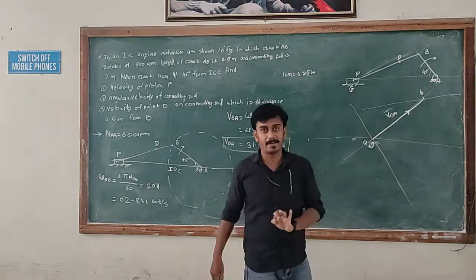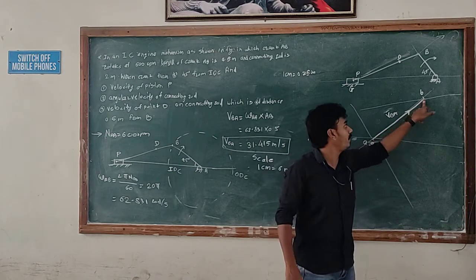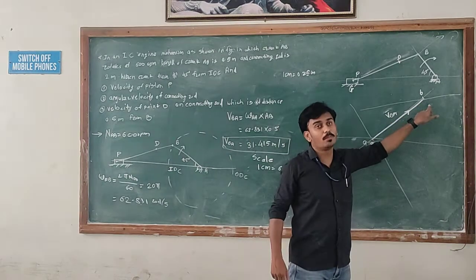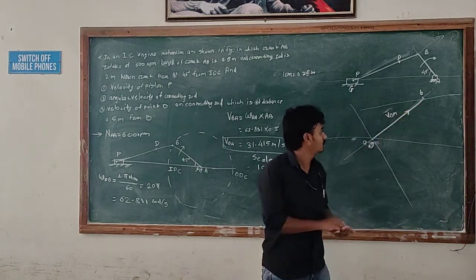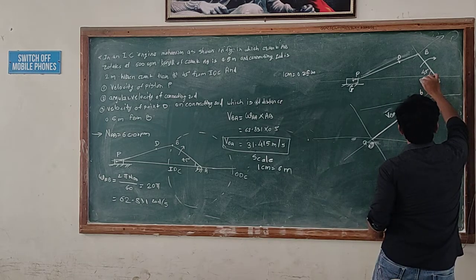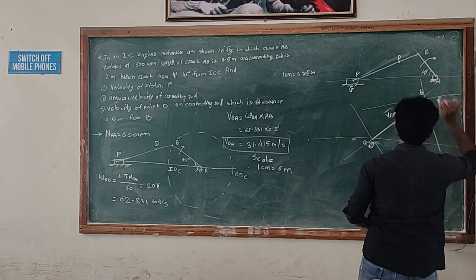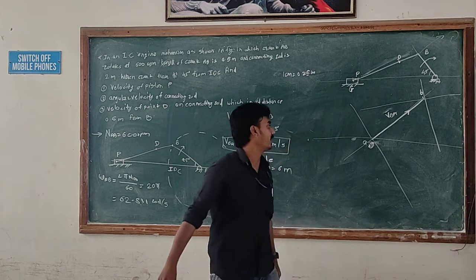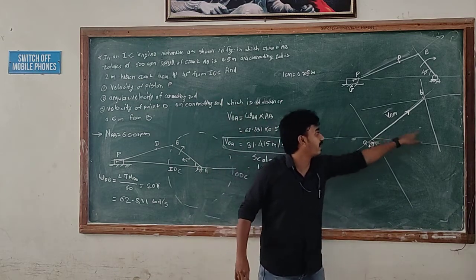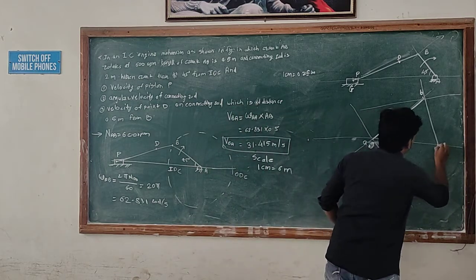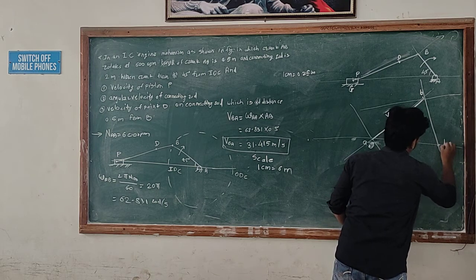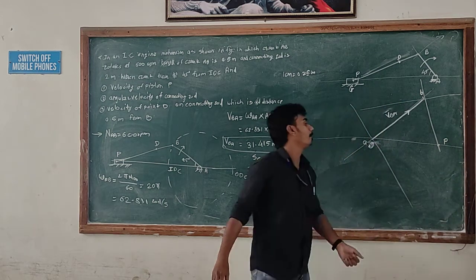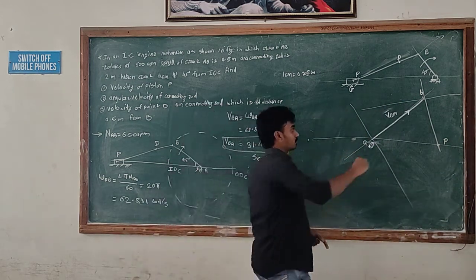So draw one perpendicular line passing through B and perpendicular to this line. So this is my velocity vector. And where this horizontal line and this line intersect, we will get the point P.